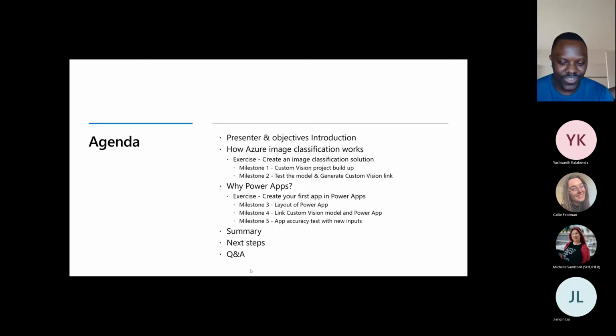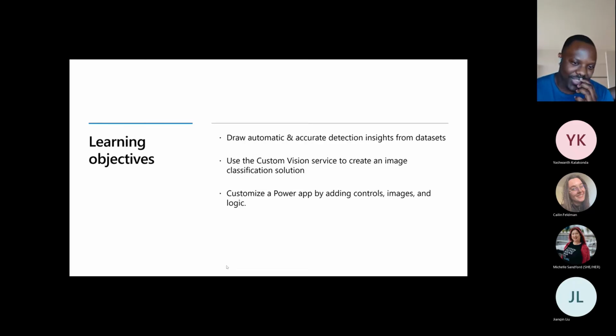So without further ado, with the learning objectives, I've sort of just mentioned that. The challenge is to be able to have accurate insights from data sets. In this case, we'll work with a data set from the health science side of things in terms of diagnosing diabetic retinopathy.